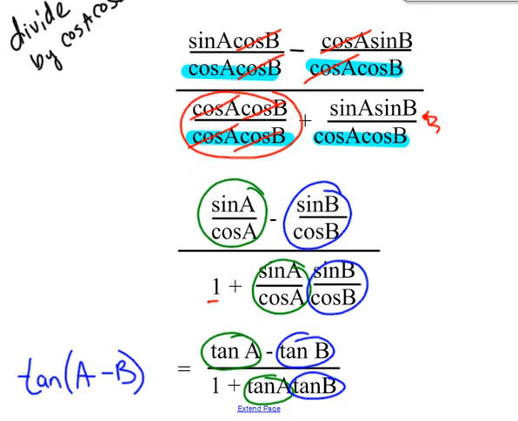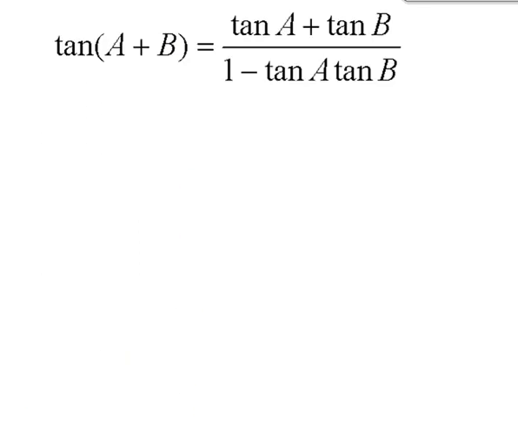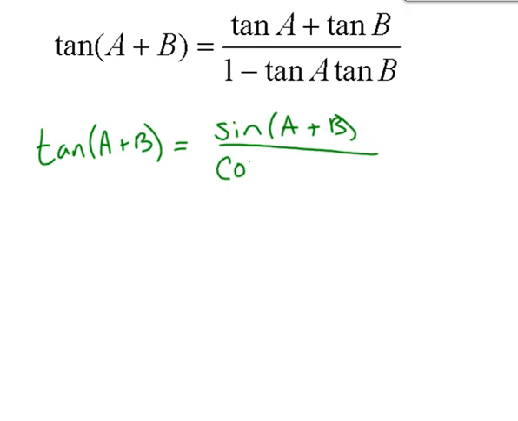Right, minus on top, plus on bottom. All right, so let's start out with the same thing we did before. So I did tan of A plus B is the same thing as sine of A plus B over cosine of A plus B.